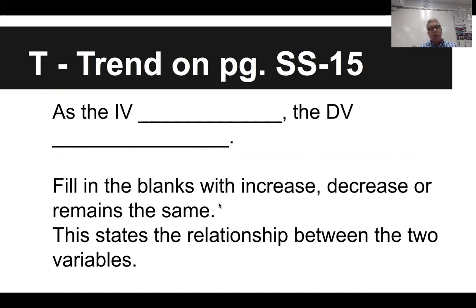Does it go up and then go down? Does it go up rapidly and then stop? So be as specific as you can. What this does is it gives us a relationship between the two variables, right?